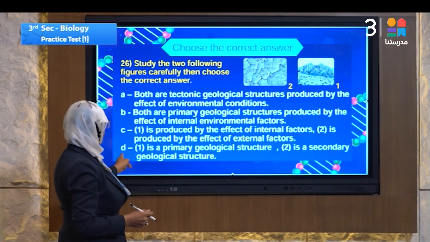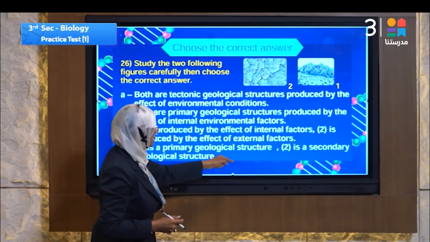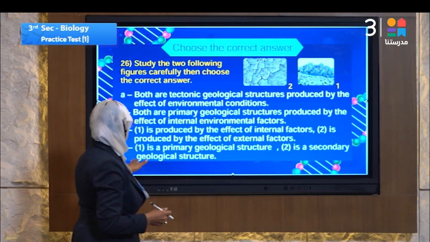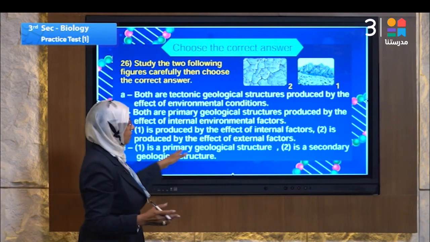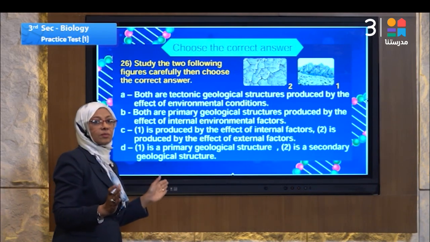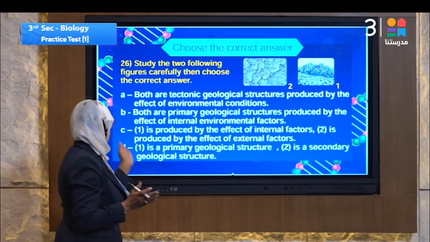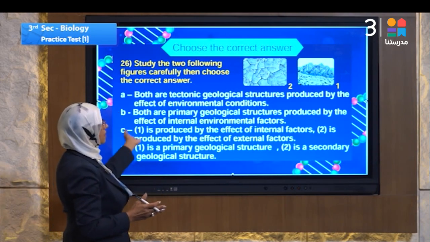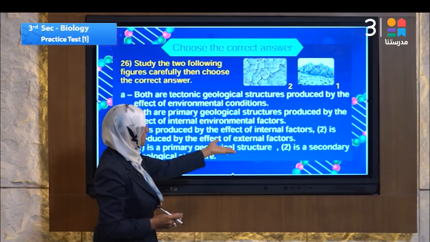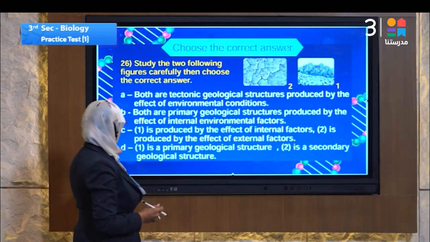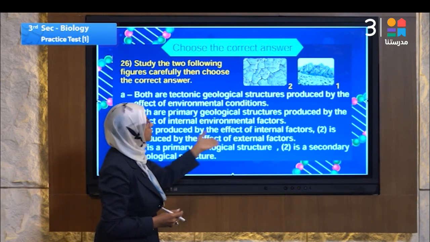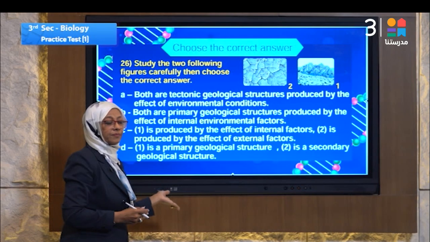D, number 1 is a primary geological structure and 2 is a secondary geological structure. No, the answer must be number C, because one of them is affected by internal factors and the other is produced by the external factor. Which of them is internal?